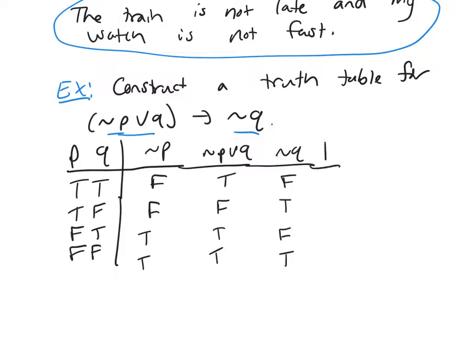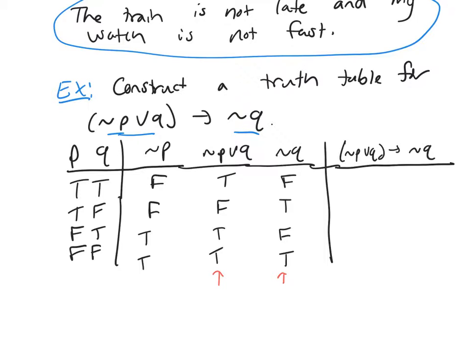And now we're ready to make our final column, not P or Q, then not Q. So you've got to look at our two columns here. And if you look in the first row, the hypothesis, the beginning part, is true, and the conclusion, the end part, is false.